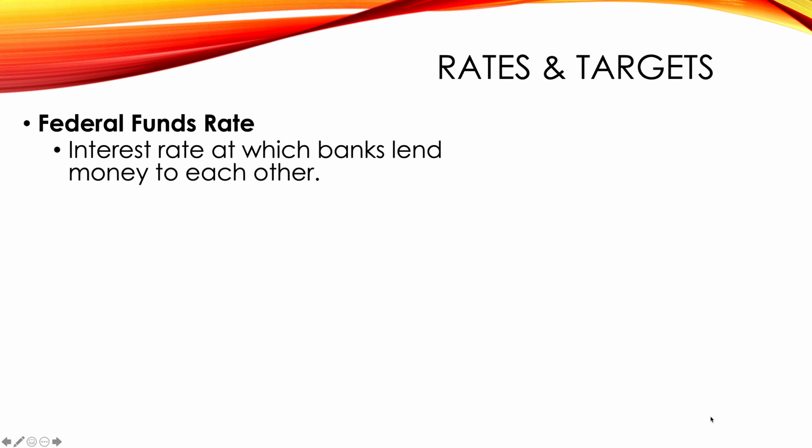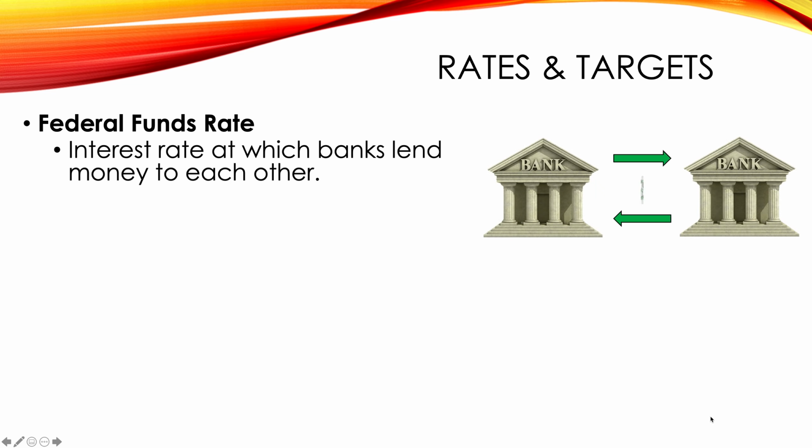Now, you might be wondering, why are we studying this? I'm not a bank, I might work for a bank, but otherwise, who cares? Well, the reason the federal funds rate is so important, even though it's just the rate at which banks lend to each other, is because interest rates exist in an ecosystem. When one bank lends money to another bank, that influences the rate at which banks lend to their customers.